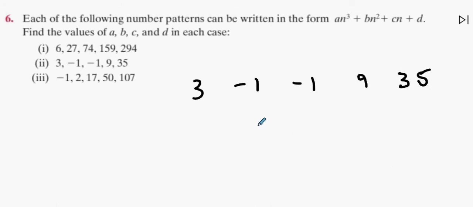6a is the third difference. First difference is the same for linear. Second difference is the same for quadratic, and third difference is the same for cubic. So let's find out. What is it? Minus 4, and then 0, and then 8, 10.